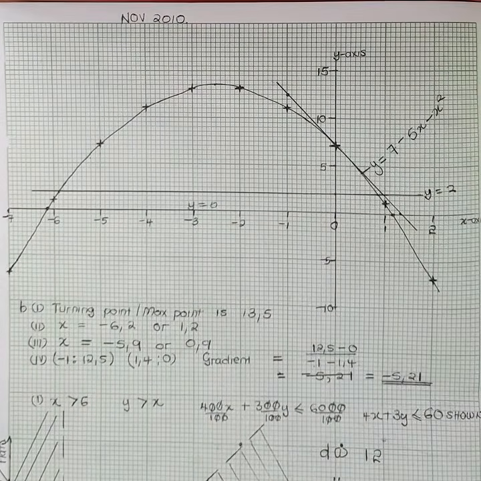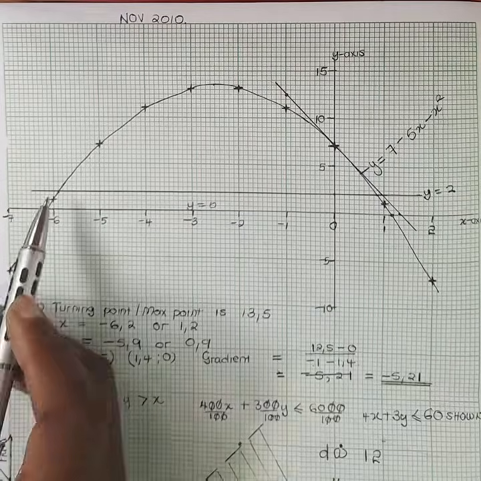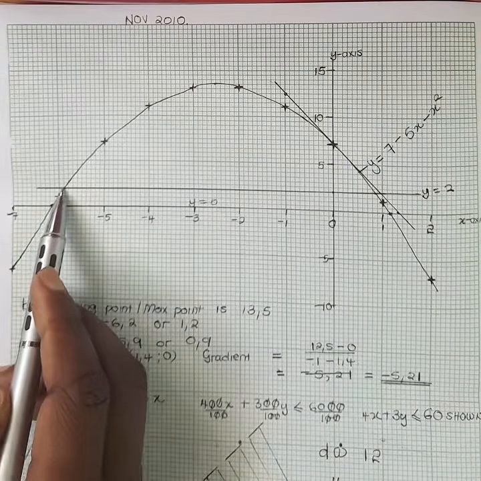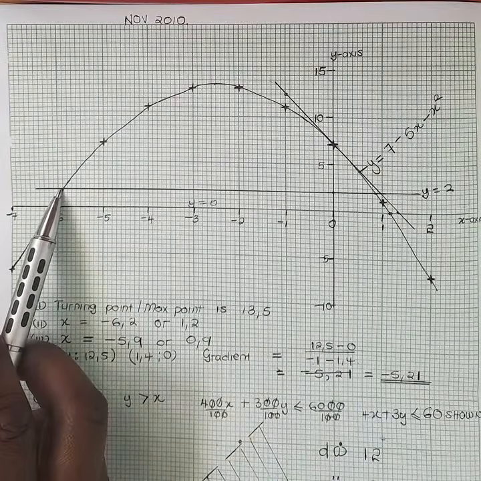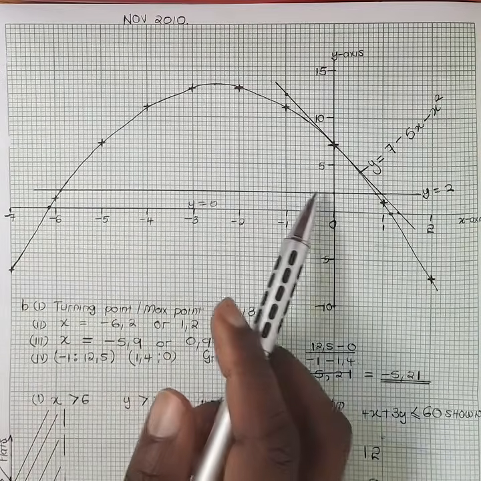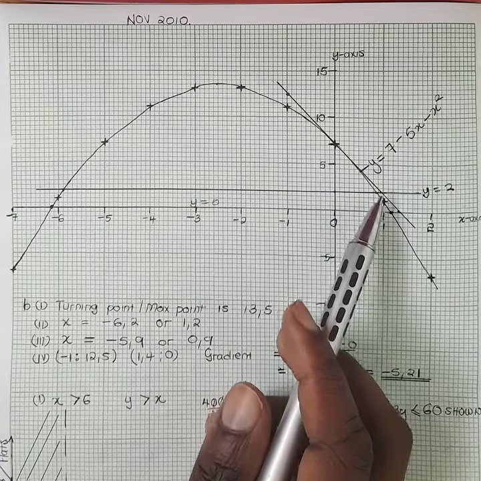Then to find the roots of the equation, we need to write the coordinates where y equals 7 minus 5x minus x squared is meeting with y equals 2. They are meeting at this point, which is minus 5.9, and also on this side at this point, which is 0.9.